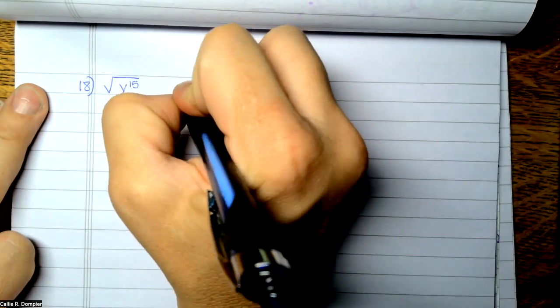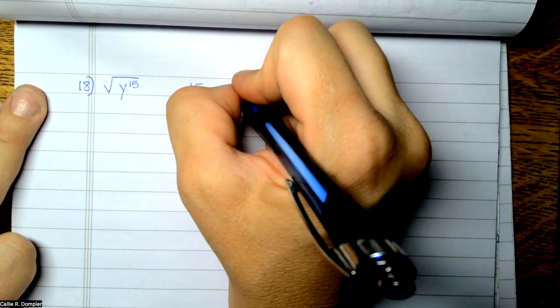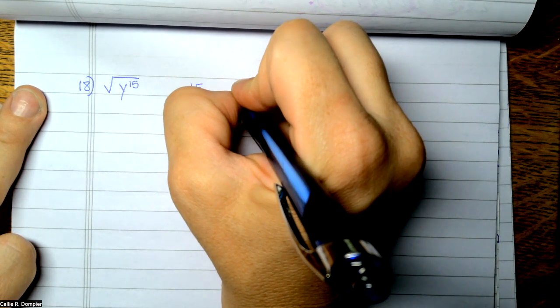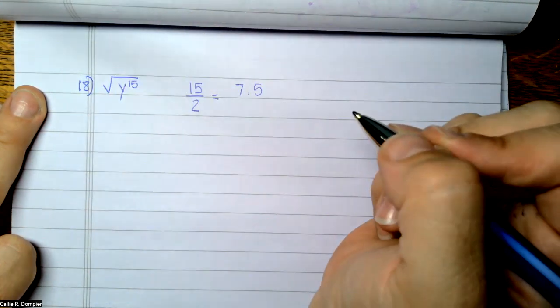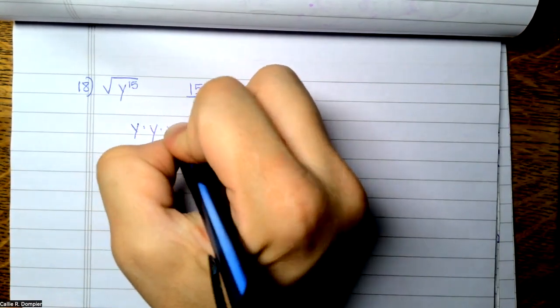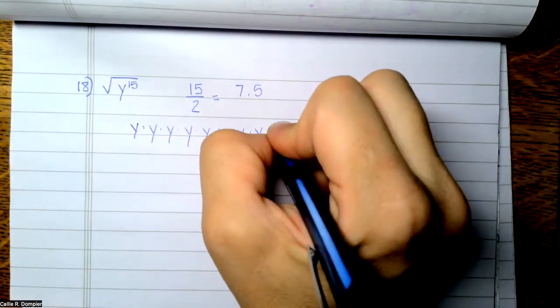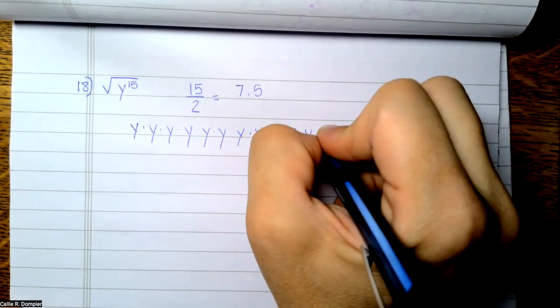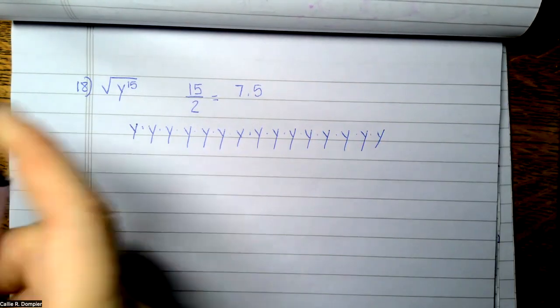Number 18 is the square root of y to the 15th. Again, we can say 15 divided by 2 is 7.5, right? So I'm going to be able to take out 7 y's and leave 1 inside. Or you have 15 y's, you can make groups.